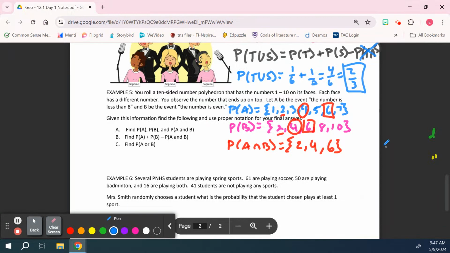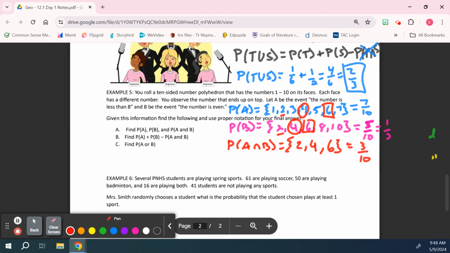So if I want the probability of each of these, the probability of A is going to be 7/10. The probability of B is going to be, looks like, 5/10, which is 1/2. And the probability of A intersect B is going to be 3/10.